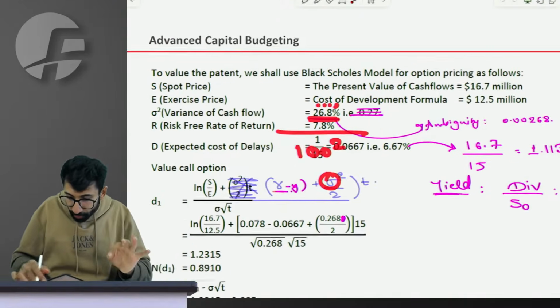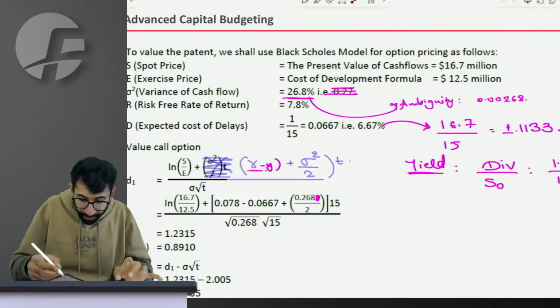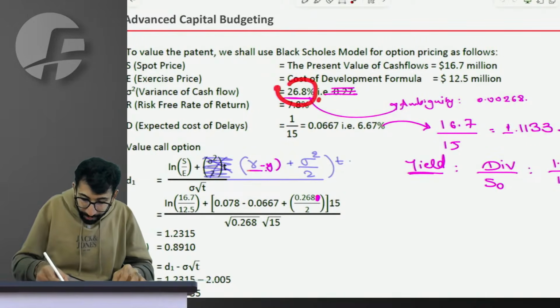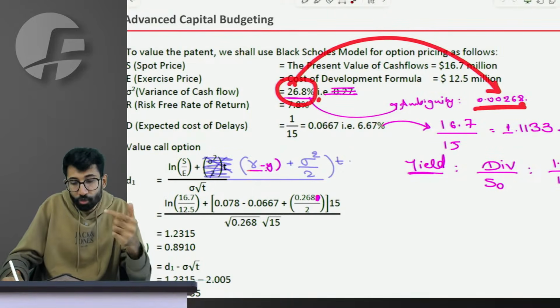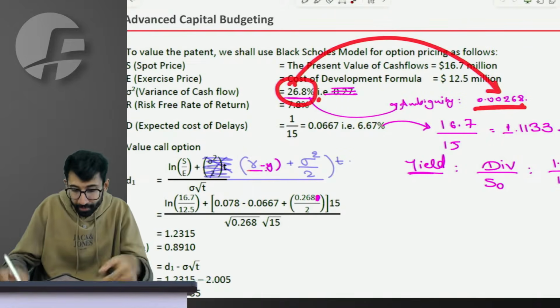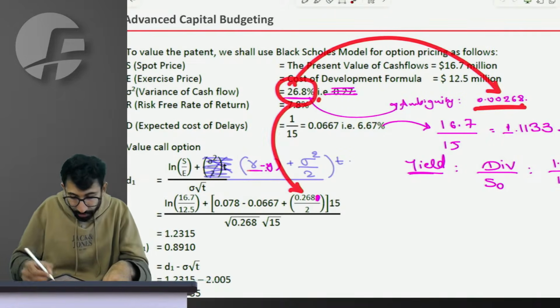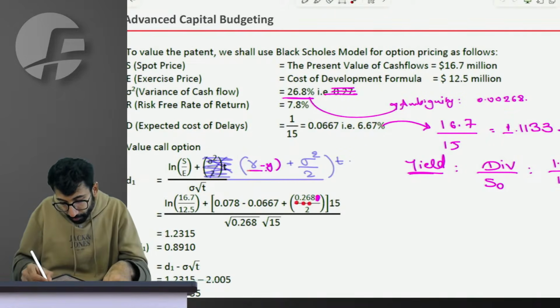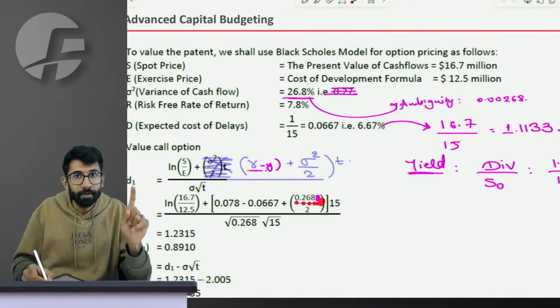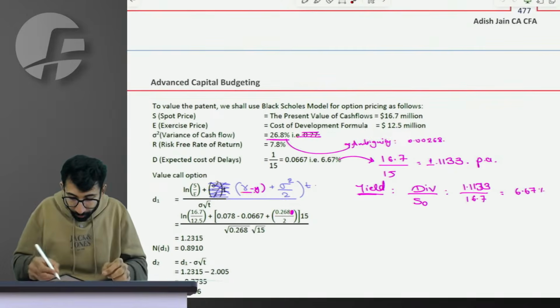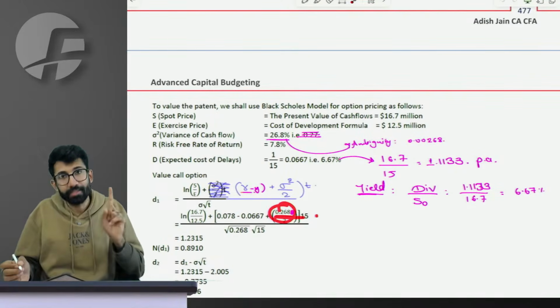But the institute unfortunately has divided it only by 100. So even if ideally 26.8% in decimal terms is 0.00268, the institute has considered only 0.268, divided it by 100. It is the ambiguity. And I'm expecting that we will have to do unfortunately the same thing in the exam.